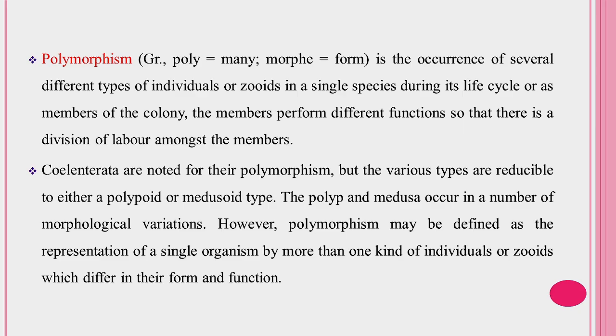The Coelenterata show a remarkable presentation of this polymorphism, and here the polymorphic forms like zooids and polyps are reducible to either a polypoid or medusoid. The polyp and medusa occur in a number of morphological variations during the course of development.